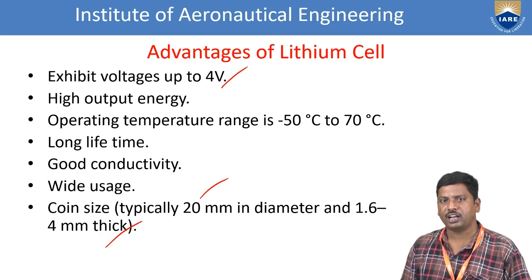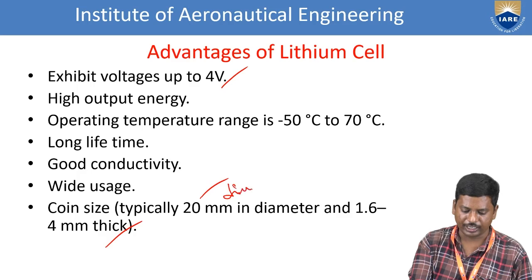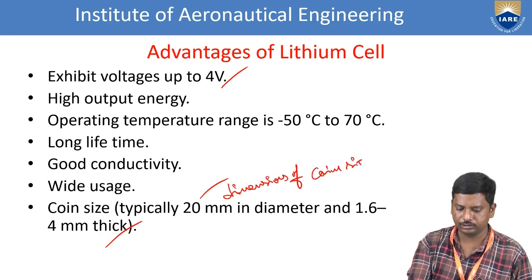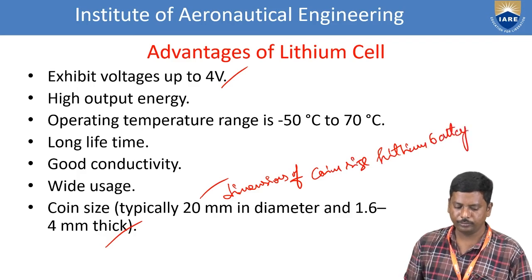So based on all these situations, this is applicable to wide usage, and coin size type batteries are observed with a 20 millimeters diameter and 1.6 to 4 millimeters thickness. These are the dimensions of a coin size lithium battery.